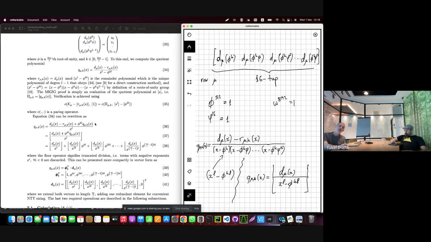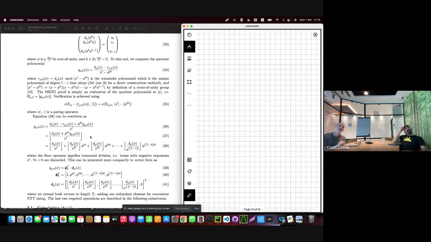If you look at equation 37, what we do here is take equation 34 and plug it into itself, so we make it into a recursion. How do we do this? Maybe I'll write it out.